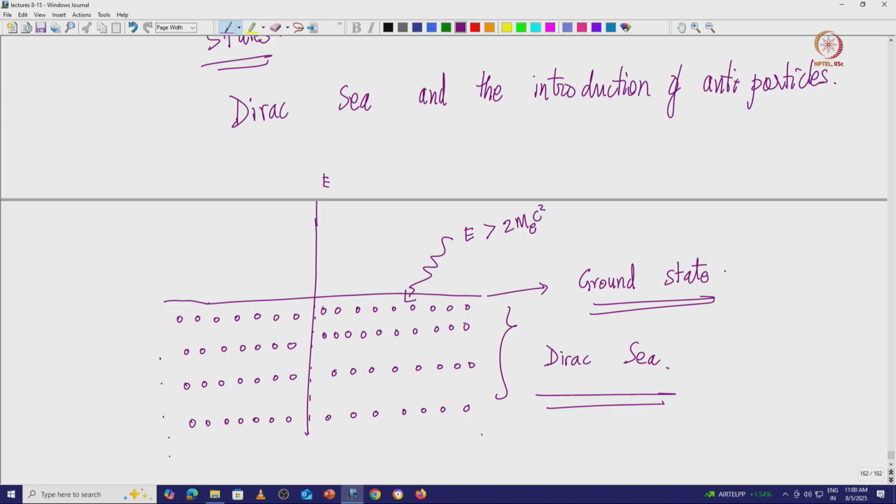If it has energy greater than 2mc squared, it kicks out one of the electrons in the negative energy state, and this electron comes out with positive energy, and here there is a hole.